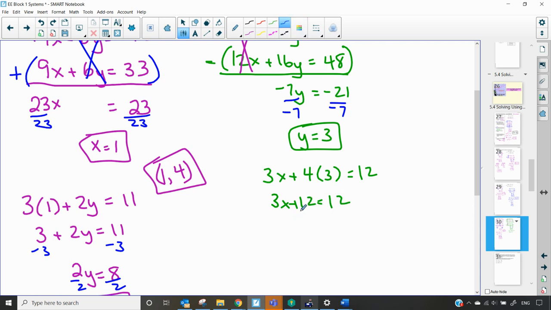Subtracting 12 from both sides gives me 3x equals 0. And dividing by 3 on both sides, we have x equals 0. And so again, our final solution, remembering x goes first, is 0, 3.